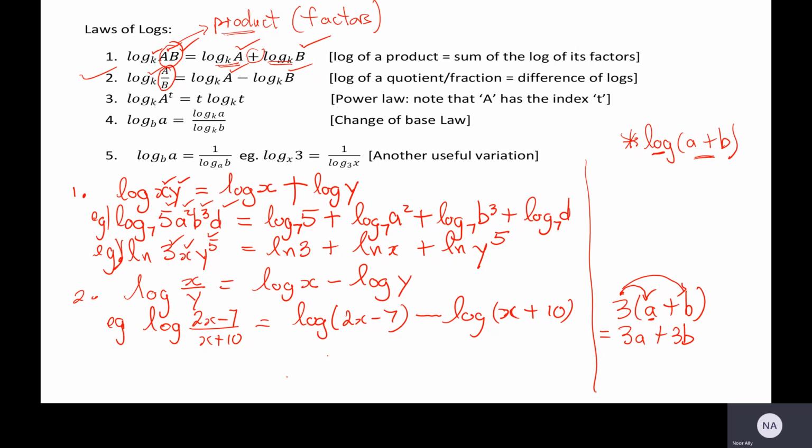If you decide, let me multiply log by a, that means you're taking a word and multiplying it by a variable. That doesn't make sense at all. So what can you do with that? Absolutely nothing. You just have to leave it as log of a plus b. Please remember these because these are temptations and the fundamental errors that are made by students.